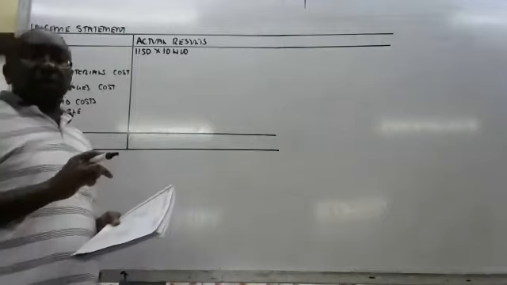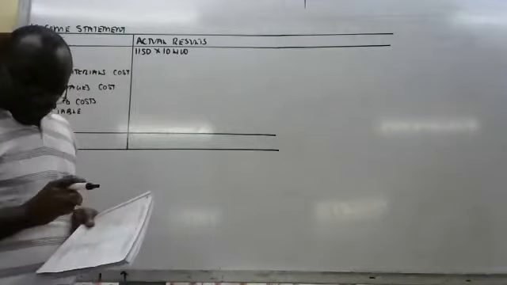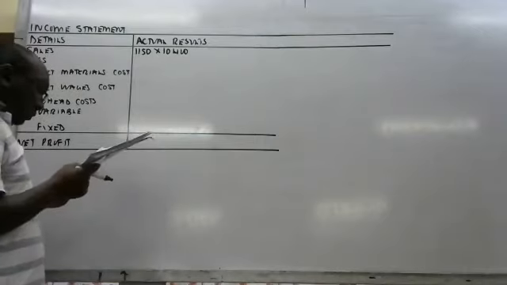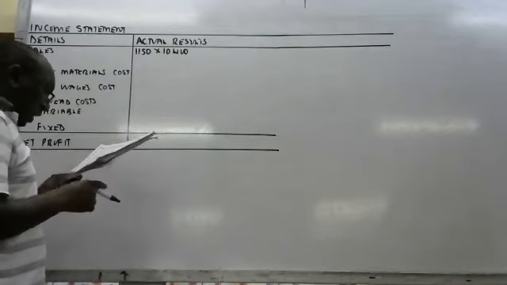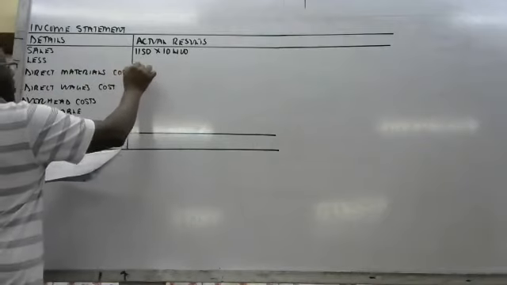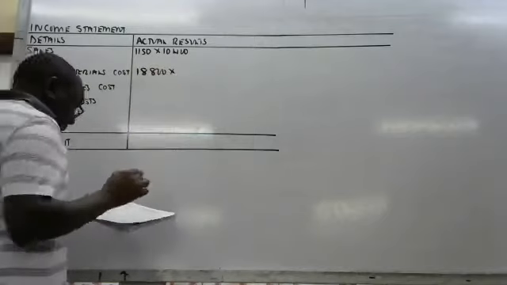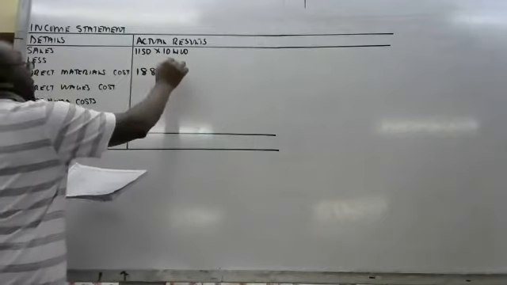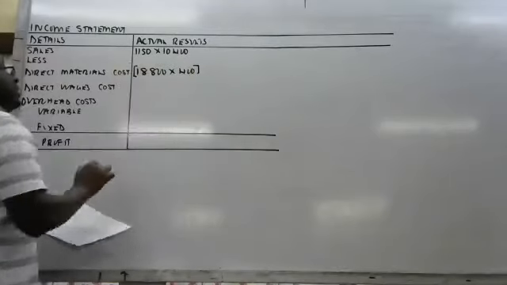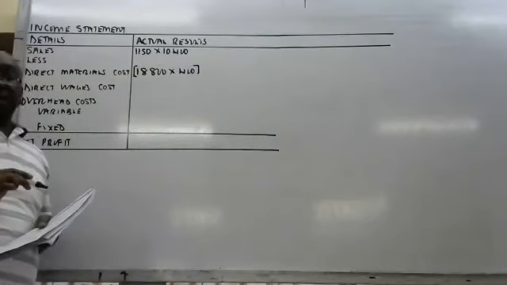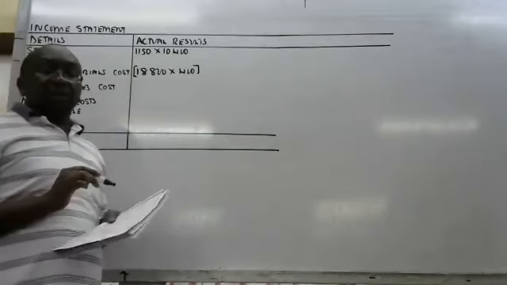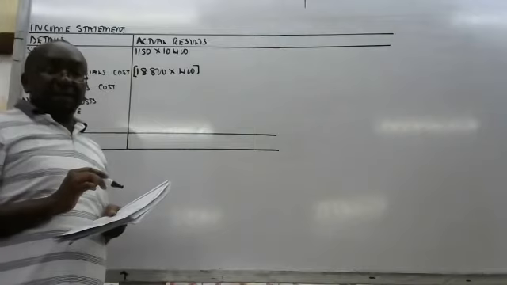Then, when it comes to the materials, this is what we are going to do. The cost of the materials is 18,800 times 400. That is the cost of the materials. But you can see the units that were produced, they were 1,200.